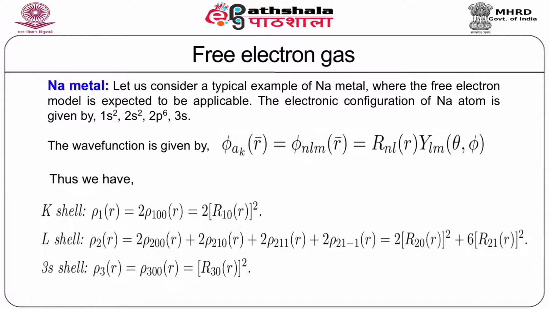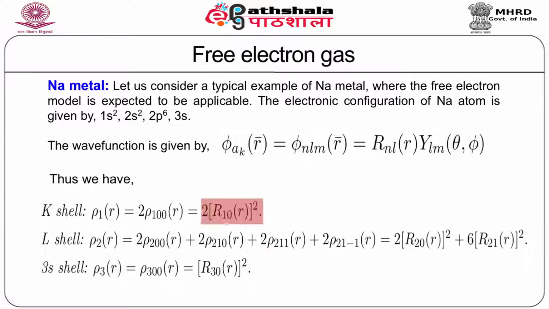Thus, we have the K shell, where the density rho_1 is 2 times rho_100. This is taking n equal to 1, l equal to 0 and m equal to 0, and there are 2 electrons in this 1s state.